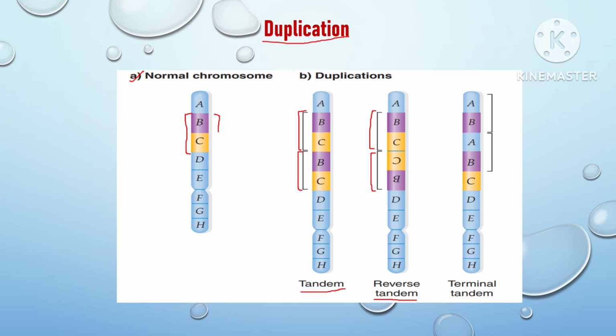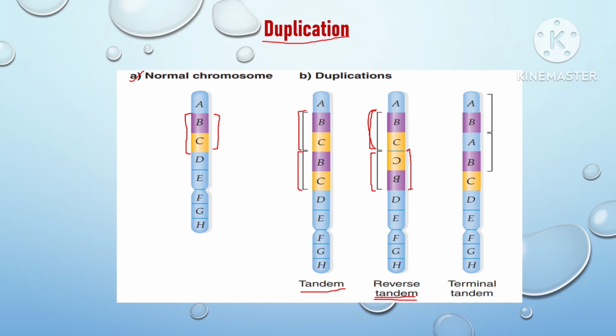Here the BC segment is duplicated but placed in the opposite orientation. This is BC, and this BC, you can see, is reversely placed. So this is the random tandem.